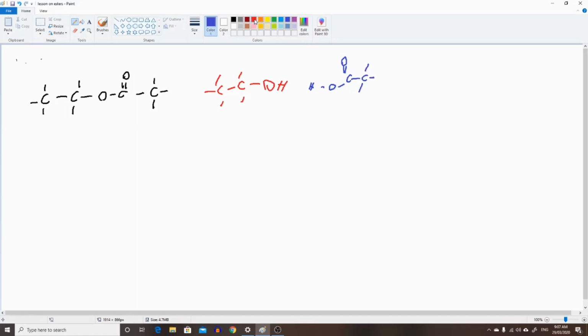Normally we would say that this alcohol group detaches and this proton detaches, and they go away and become H2O, which is why we call it a condensation reaction.